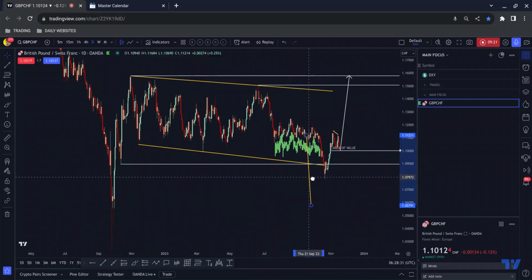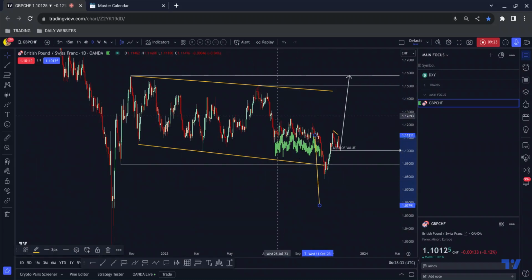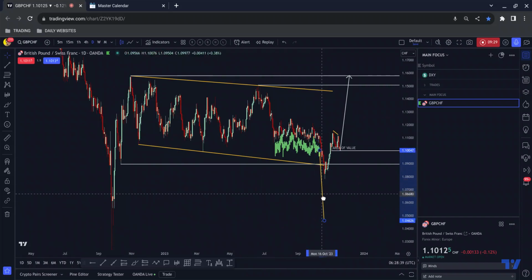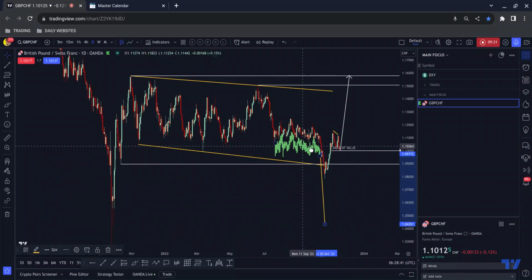Because if we were to measure that, it would take us all the way down to here, and this would imply that we were heading down to these lows here, or much lower if we measure it on the break, because sometimes the volume can dictate how far we travel once price breaks out of that volume.